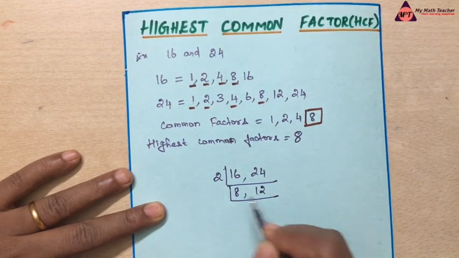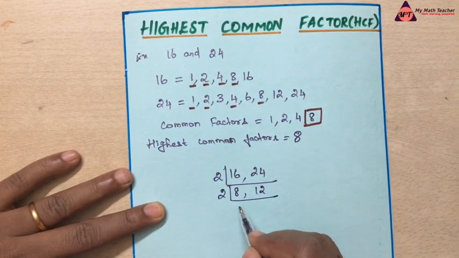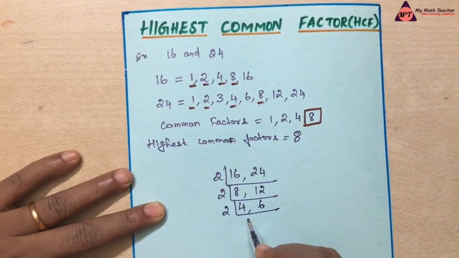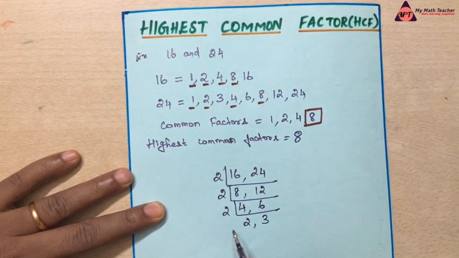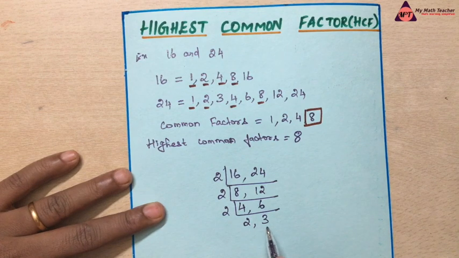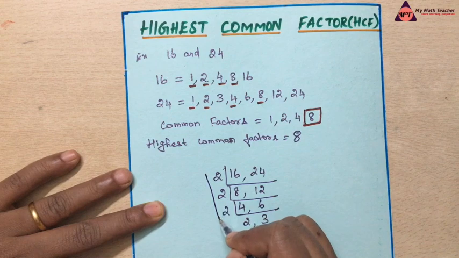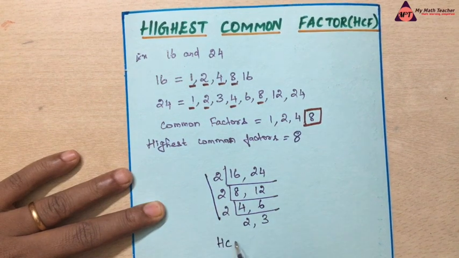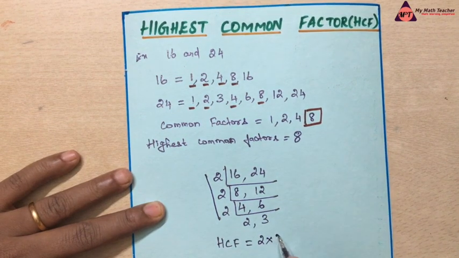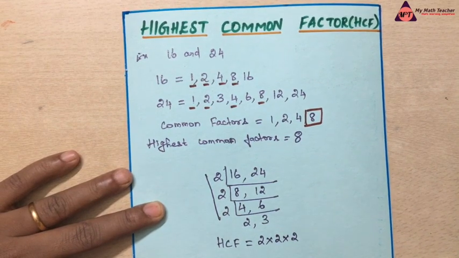Divide again by 2, we have 4 here, 6 here. Again divide by 2, we have 2 here, 3 here. Again we can't divide by 2 because 3 can't be divided. So finally we find the HCF by multiplying these 3 numbers, 2 into 2 into 2. So HCF is 8.